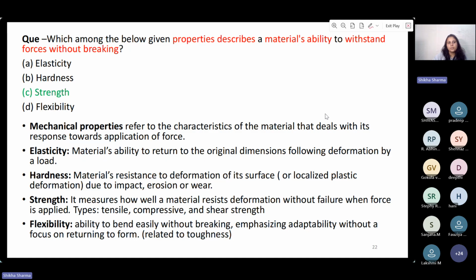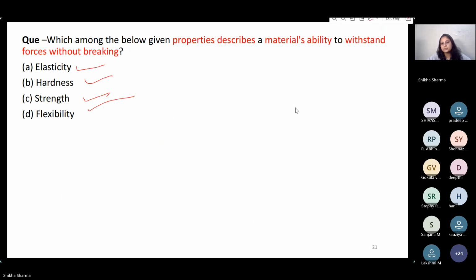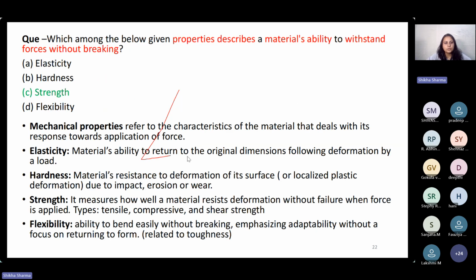It is basically strength. So elasticity is basically the ability to return to the original dimensions.